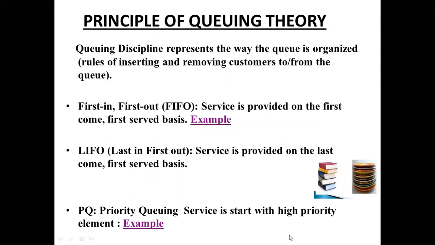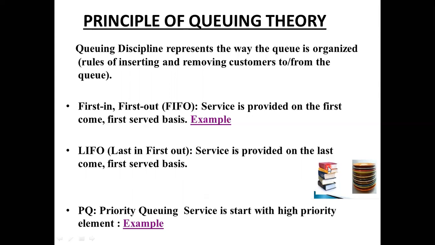This is another queue discipline in which the data from the queue are taken on the basis of last in first out. If you remember the example of the stack in data structures, or if you look at this example of books, this book is kept first, this is second, this is third, this is fourth, and this is last.